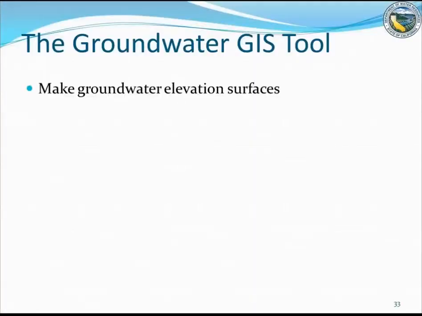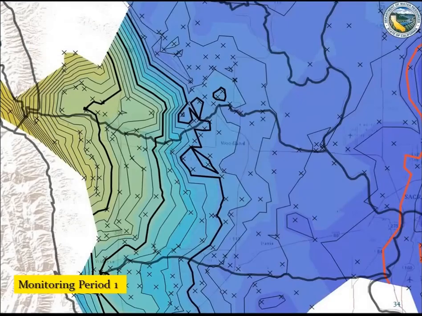For each period, we can make a groundwater elevation surface. So this is what the groundwater elevation surface looks like for period 1. These are unsmoothed lines, so they do look a little blocky, but it's a direct representation of point data.